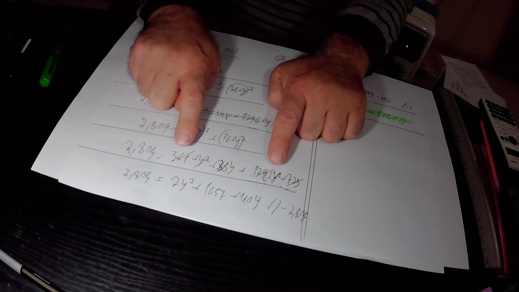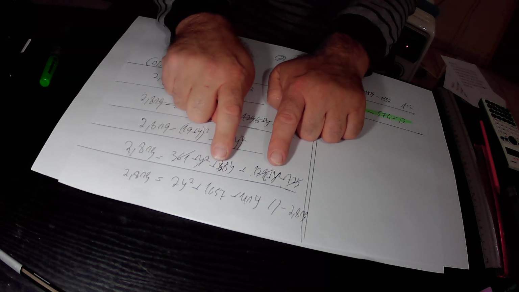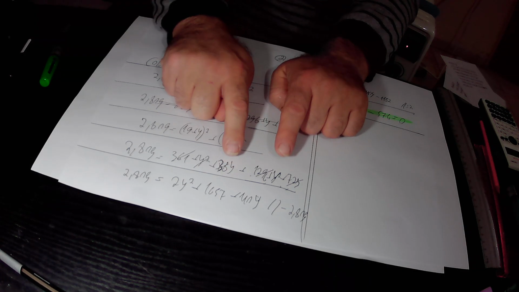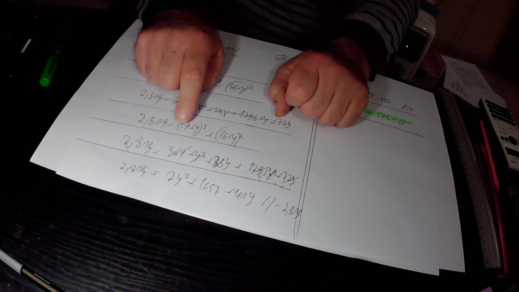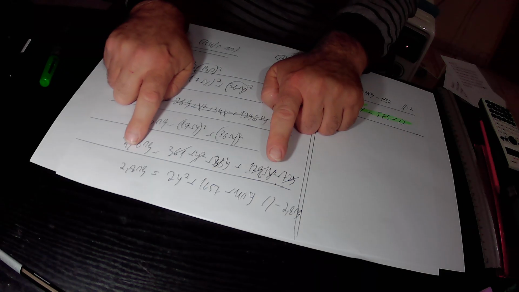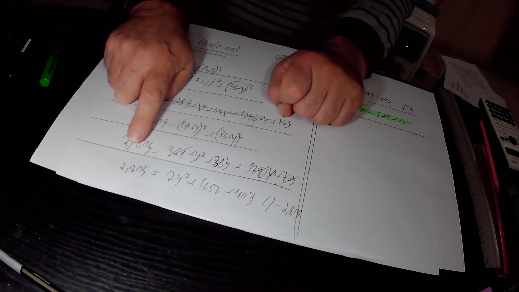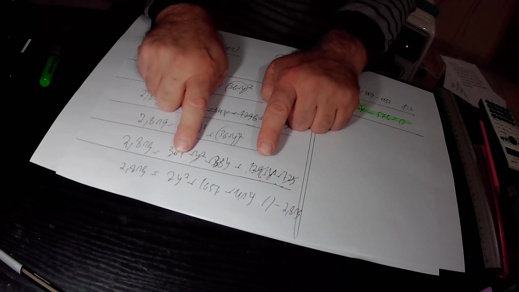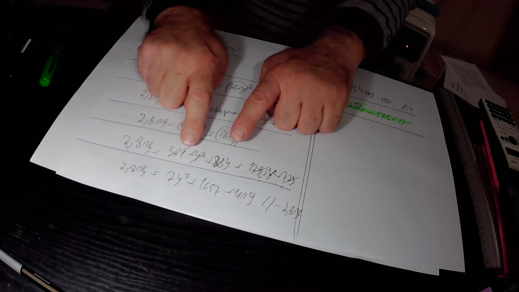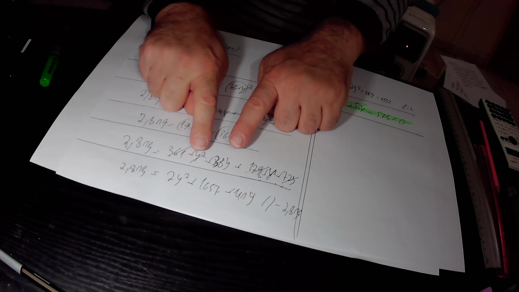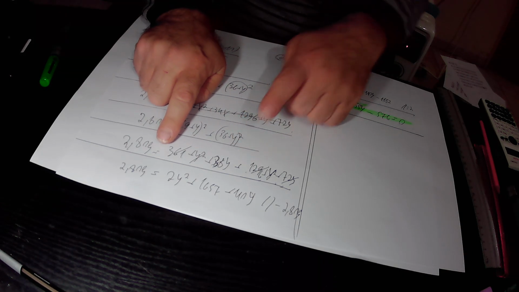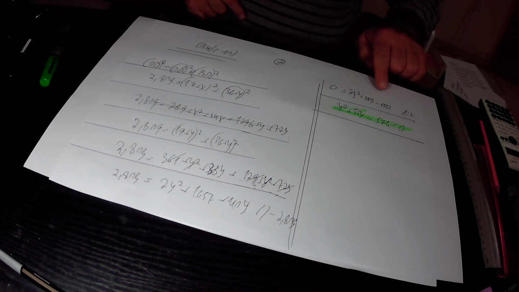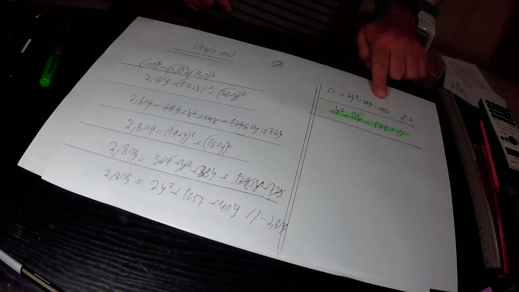So in total we found that 2809 equals 2y squared plus 110y plus 1657. Here we subtracted 2809 from this equation. So on this side of the equation we have nothing, that is to say 0, and on the other side we have 2y squared plus 110y, and 1657 minus 2809 equals minus 1152.